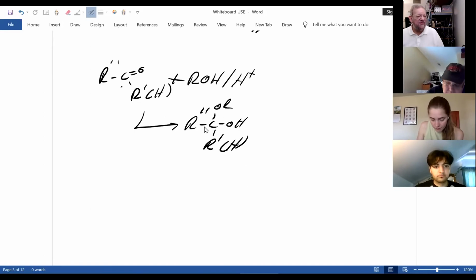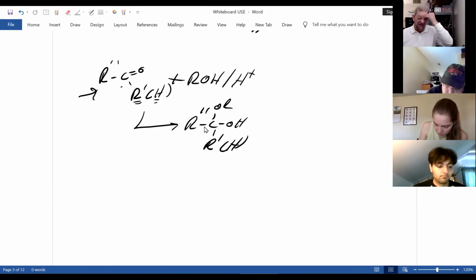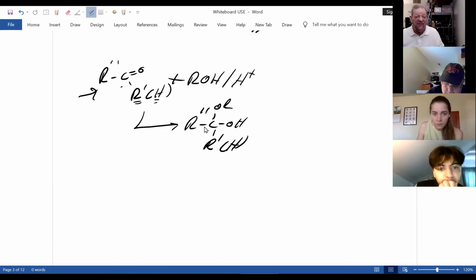And here, this is a reaction to form a hemiacetal or hemiketal. And here you have an aldehyde or ketone. When R prime is hydrogen, it's an aldehyde. When R prime is carbons, it's a ketone. And think of this, this is the Nu part, and this is the H plus part.